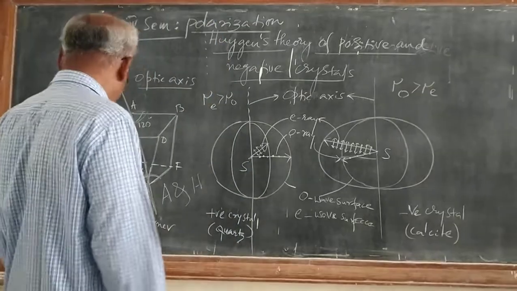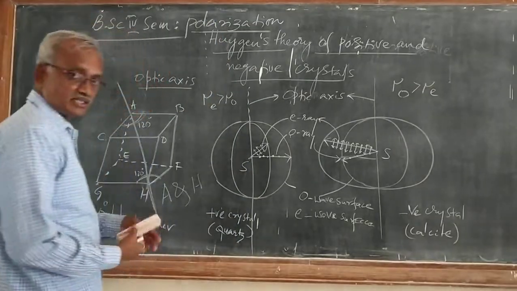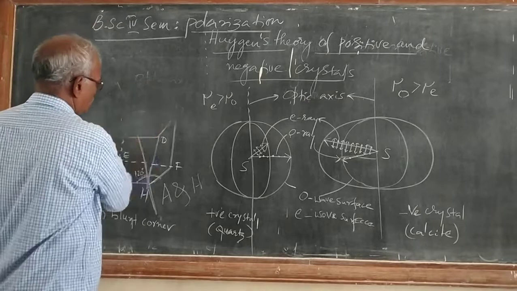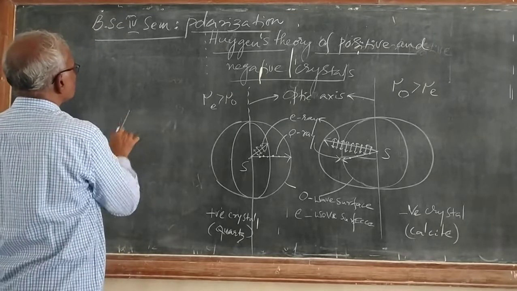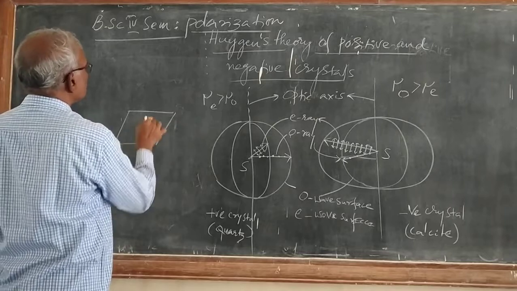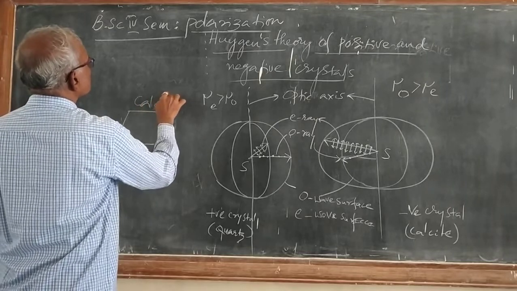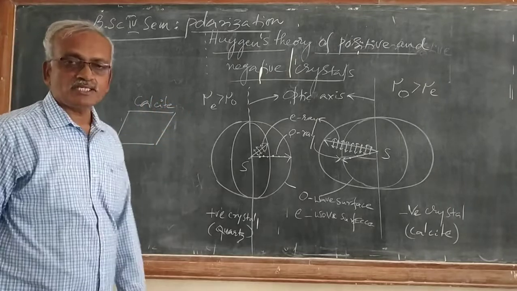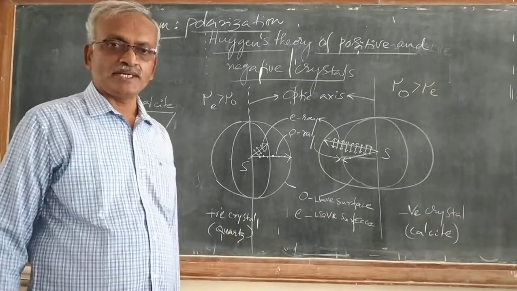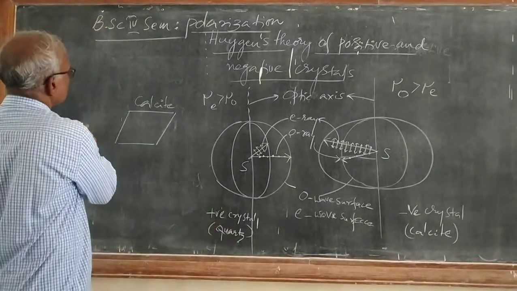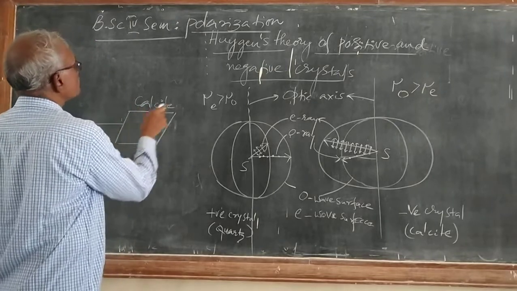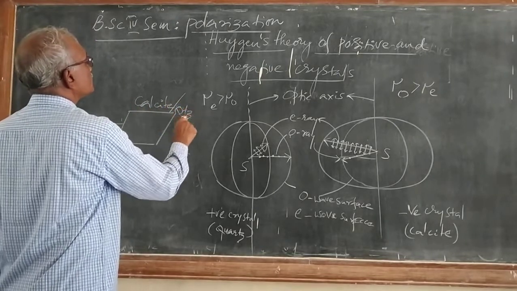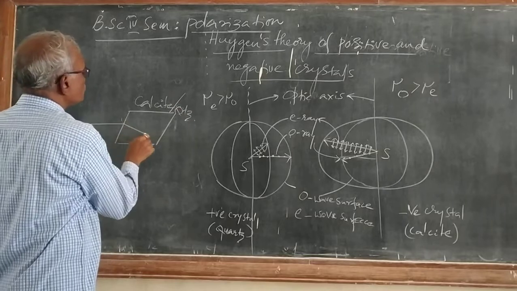I will remove this figure; we don't want this at this time. This is calcite. Calcite is a doubly refractive medium. If I send light through this calcite or quartz, it splits into two rays.